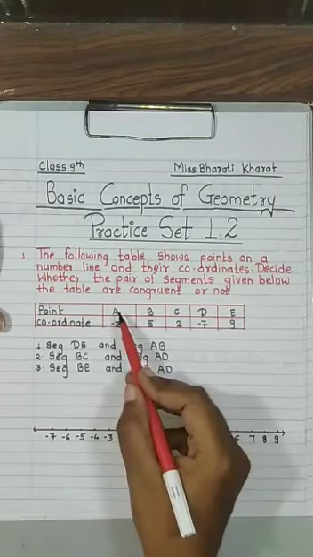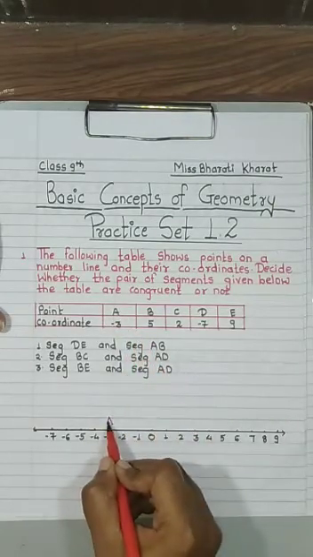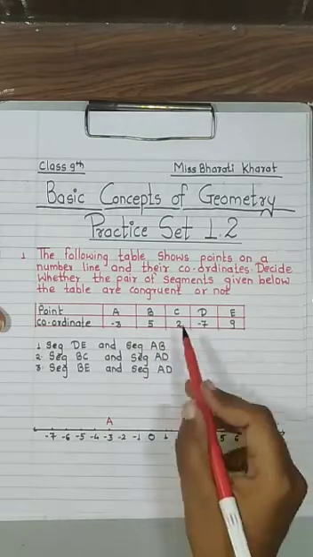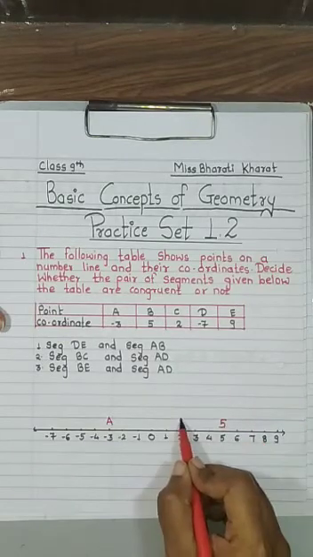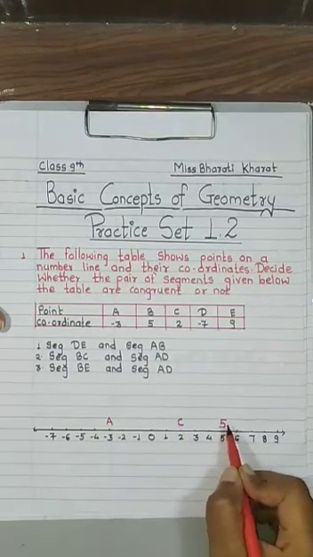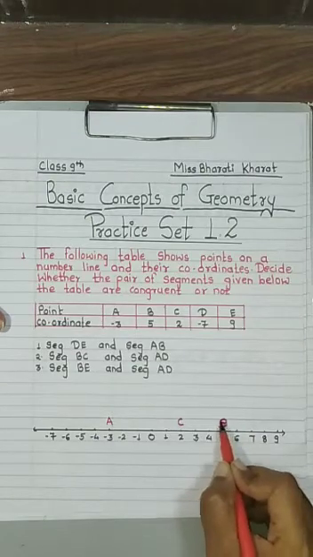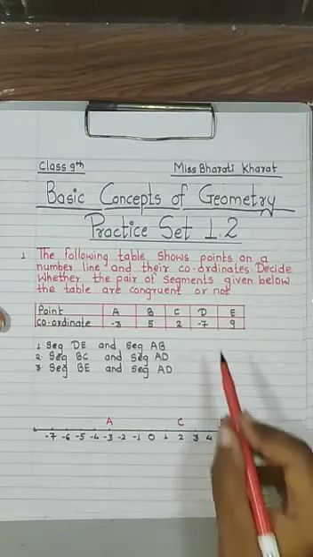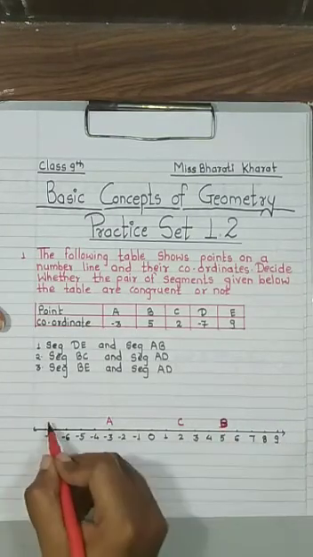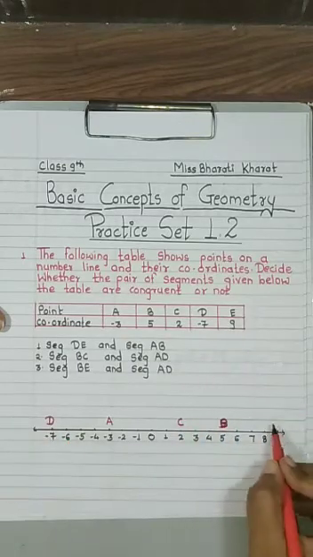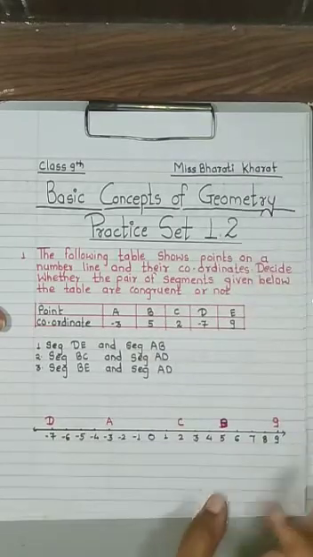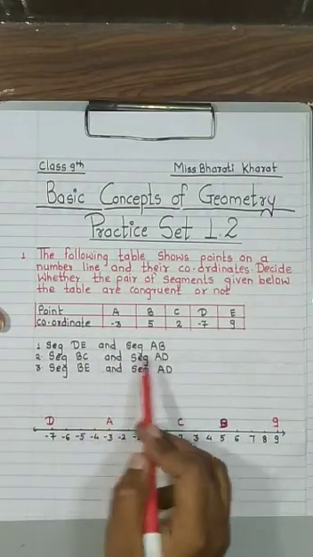A is -3, so we'll put here A -3, B is 5, C is 2, D is -7. So D will be here, E is 9. Now let us find whether segment DE and segment AB are congruent or not.